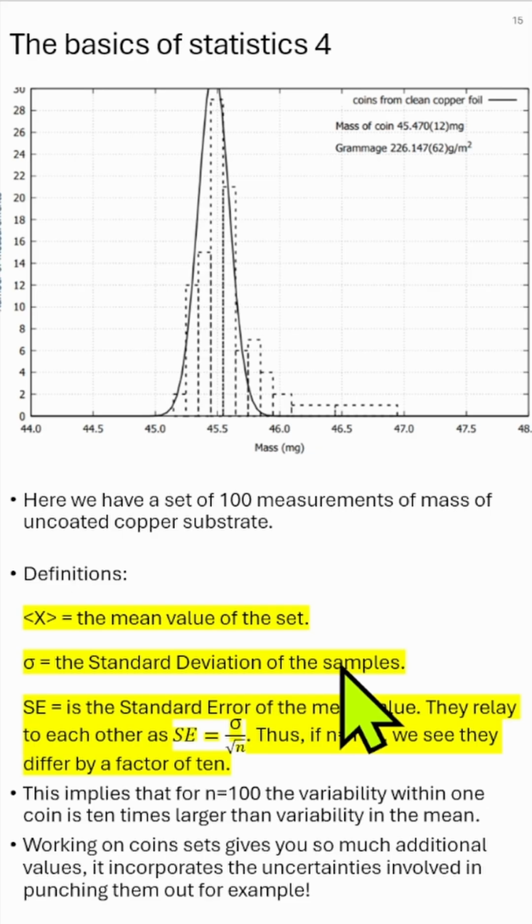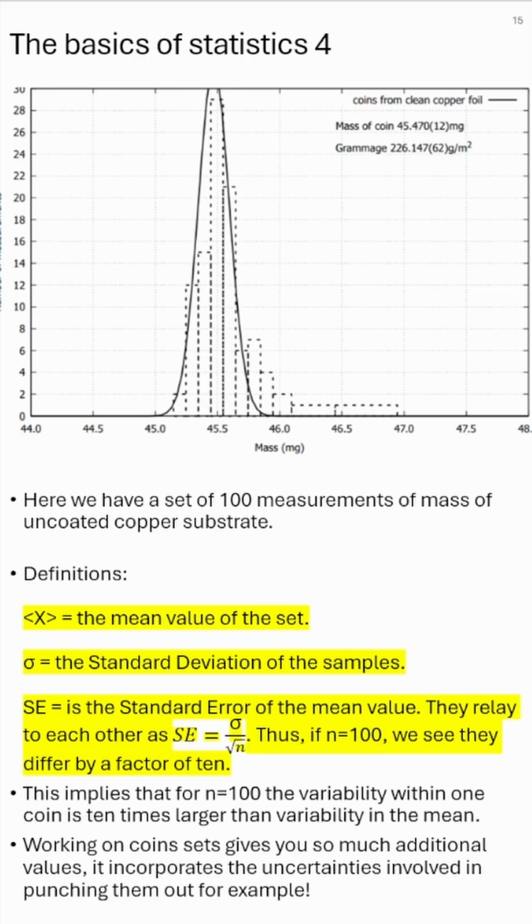And the standard deviation is something that belongs to samples, and the standard error, in short SE, is something that is related to that multi-sample domain, or the mean value in this case. And there is a relationship between standard error and standard deviation, and that is that the standard error is the square root of the number of samples smaller than the standard deviation.